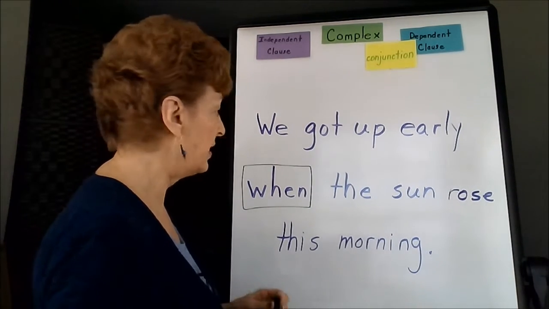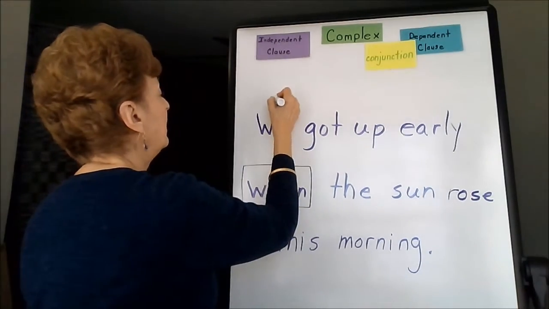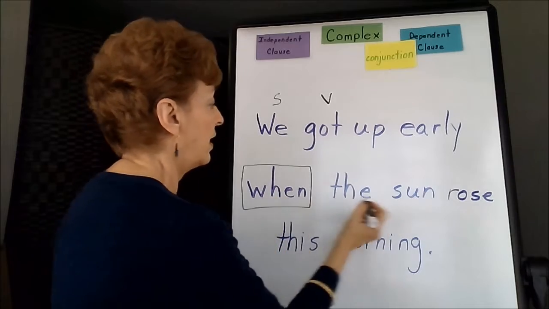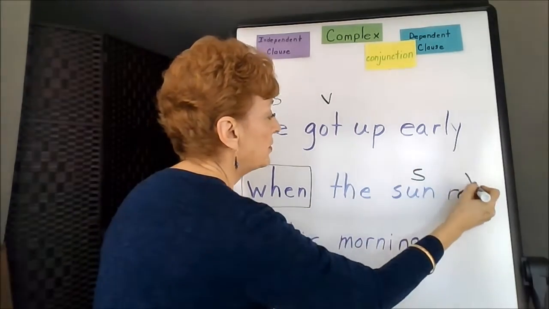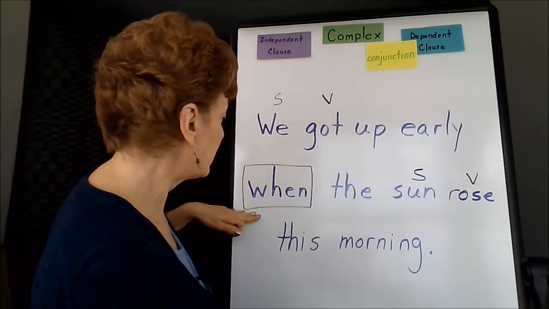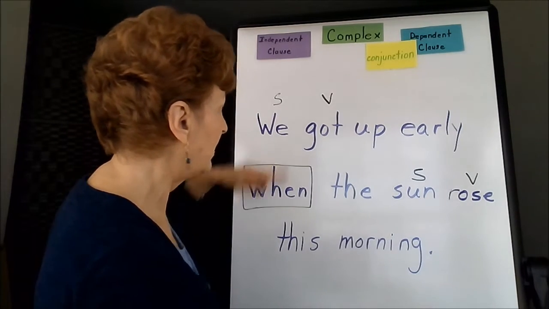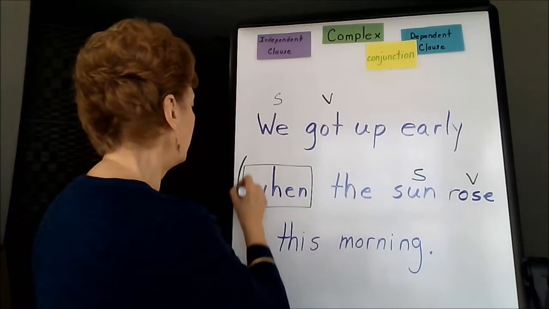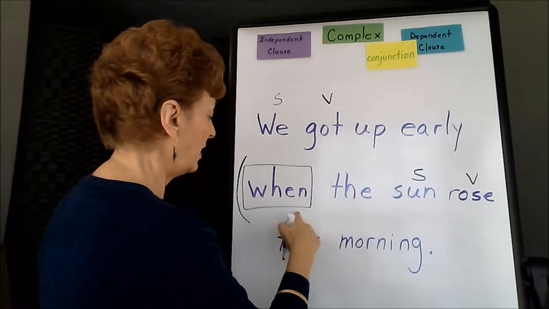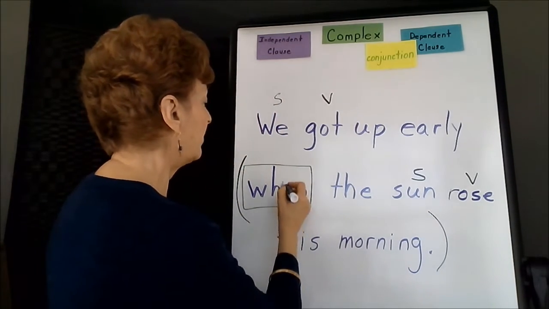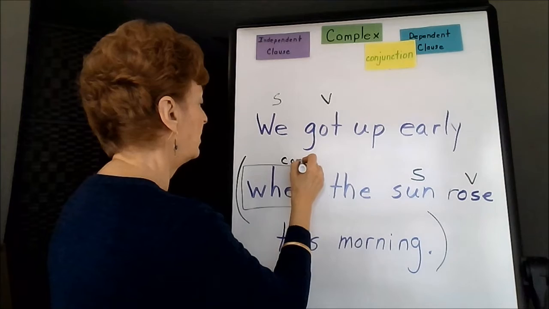Subjects and verbs in this, we got. Sun rose. Here's the beginning of the dependent clause because you've got the conjunction as part of the dependent clause. So from the conjunction to the end of the sentence this time, we have the conjunction.